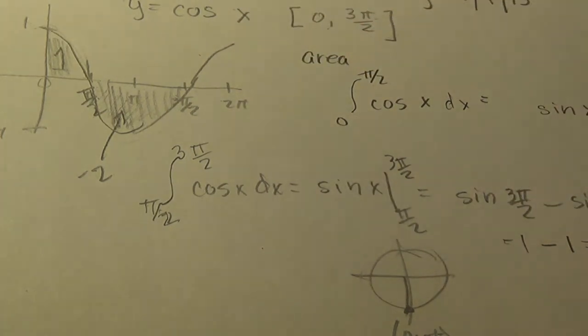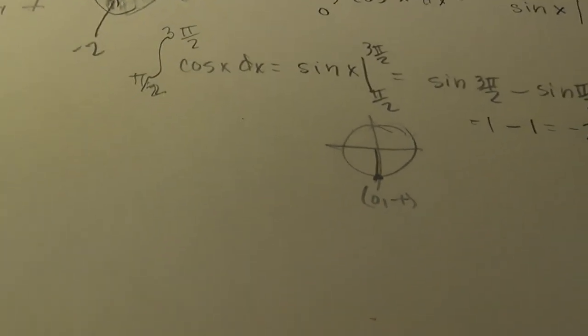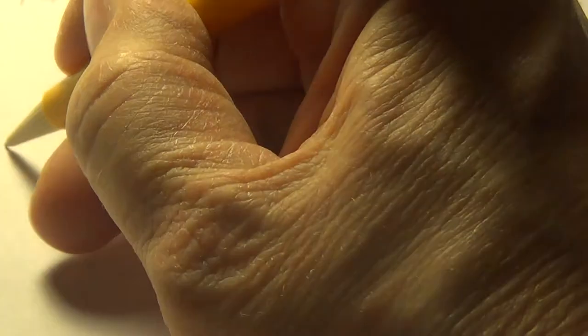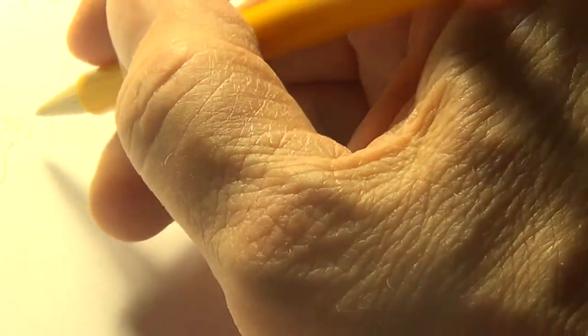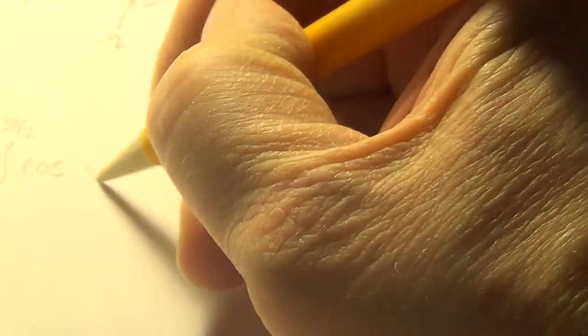So let's see what happens if we discuss the integral from 0 to 3 pi over 2. If we understand this, we wouldn't really have to do this, but we're just proving that our ideas are sound.